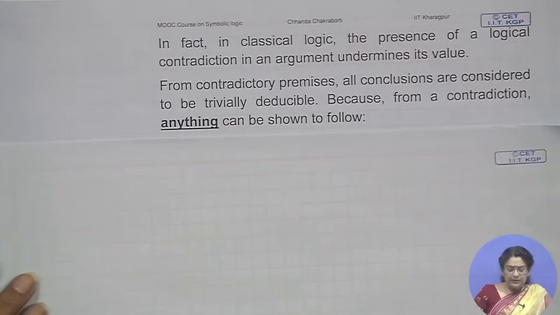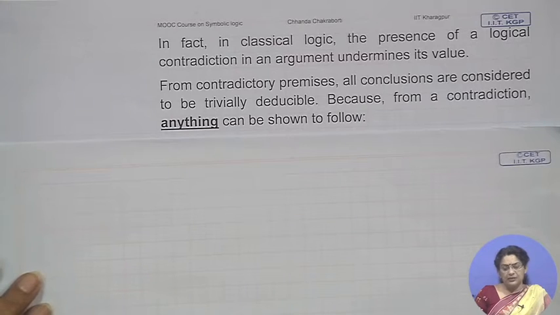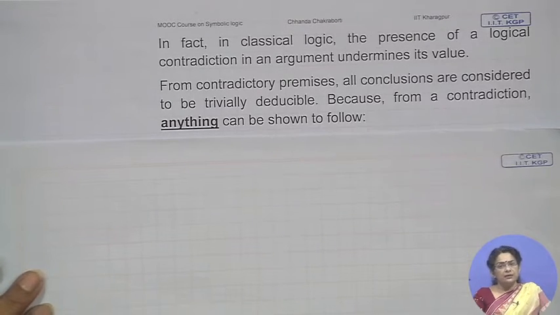In fact, in formal classical logic, it is said that if your premises are self contradictory, then all conclusions derived from them are to be considered trivially deducible. Or in other words, from a contradiction anything follows. From a contradiction anything follows.